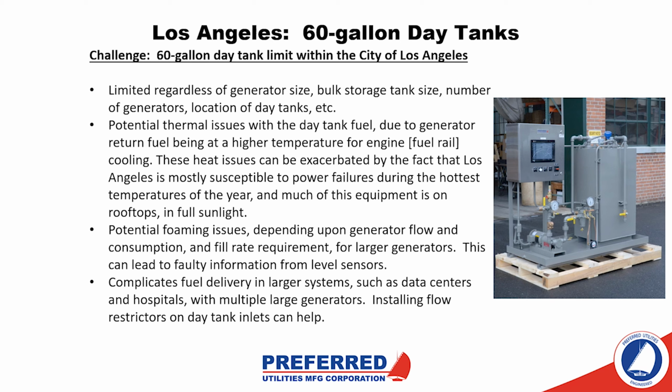And we really don't want to fire hose fuel into a small tank because of the aforementioned issues. So what we do is install flow restrictors to restrict how quickly fuel can move into that day tank. That way we can try and mitigate somewhat the potential foaming issues of delivering that fuel to the day tank.